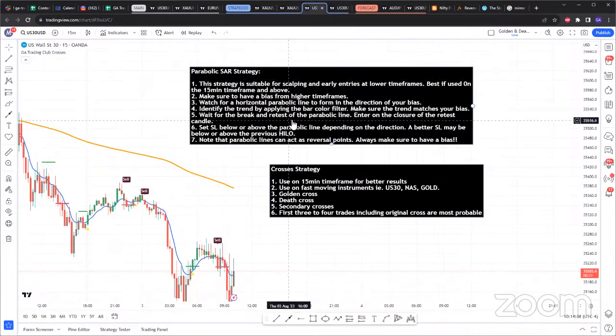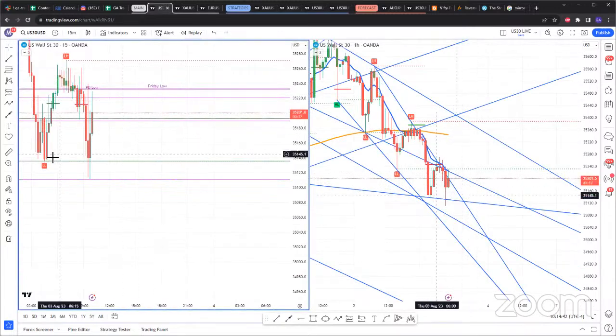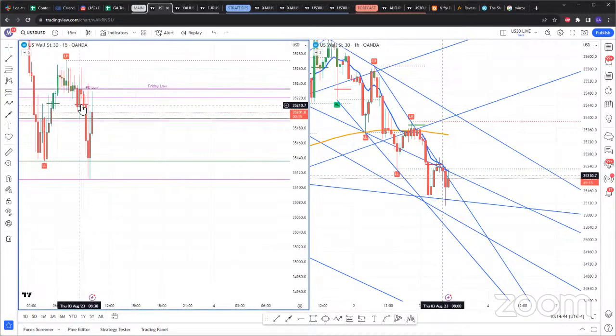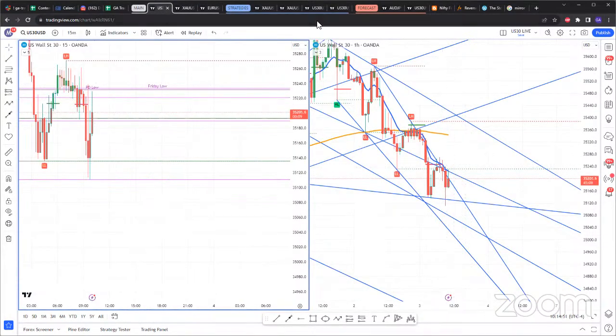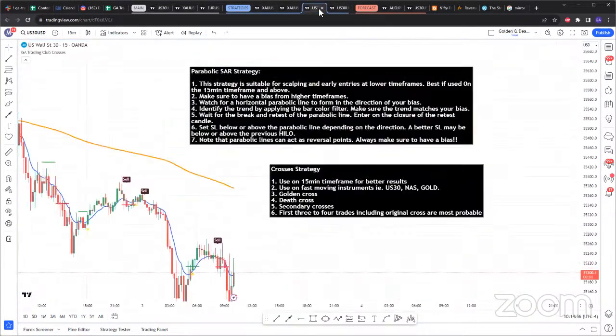And it's best if you use it on the 15-minute time frame and above, which is why most of my charts on the left have changed. And you can see US 30 here, this zone is holding pretty heavily. So which is why I've switched my left chart to be a 15-minute chart for now.